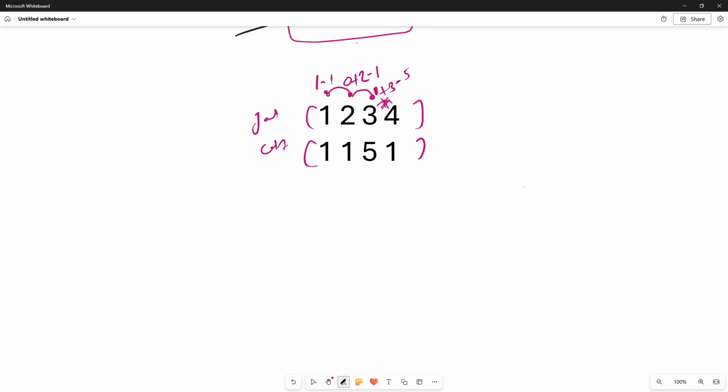So we started from the 0th index. Now should we start from the first index or some other index? The thing is, if you ever start from those indexes which you have already traversed in this path, then you will not be able to cross this bridge. So let's say if you start from 2, you will not be able to cross this bridge again. If you start from 3, you will not be able to cross this bridge again.